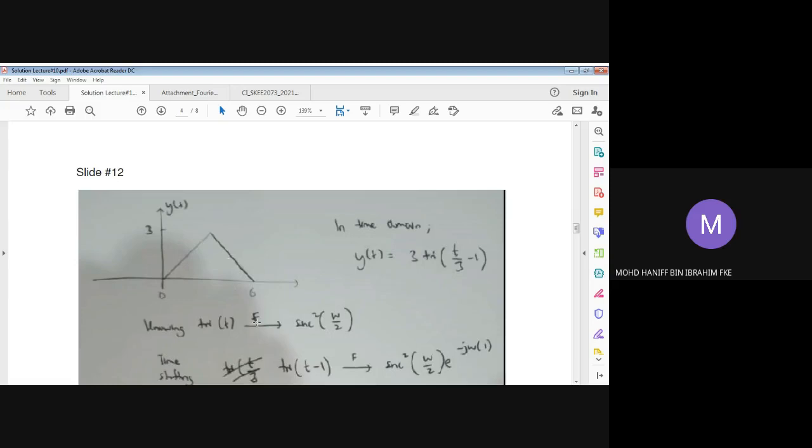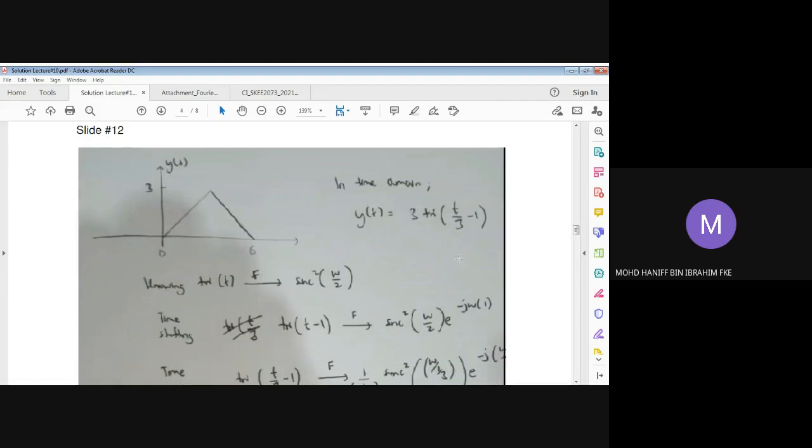Okay, so from the previous example, if we have a triangular t in the time domain, its Fourier transform will be sin squared omega divided by 2.